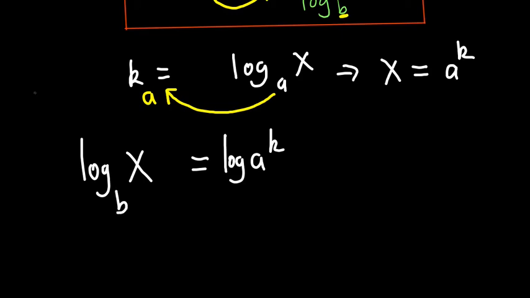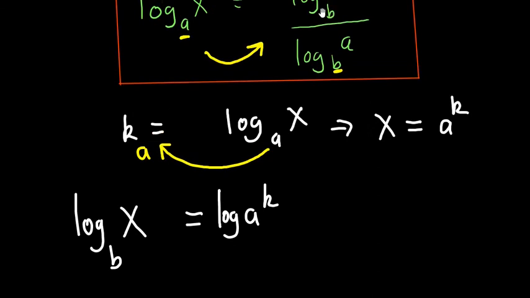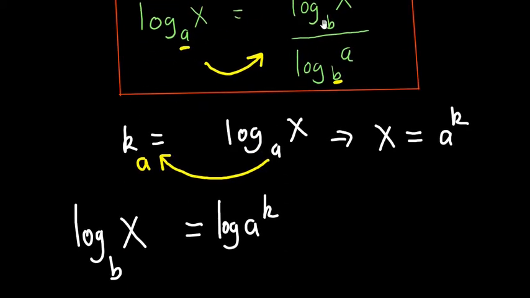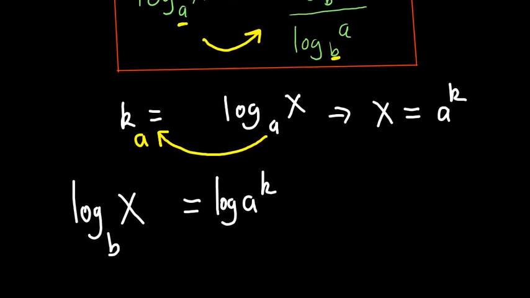Since in this equation we had base b, we have to introduce a log with that same base for us to arrive at this answer. If your log was base c, you have to introduce logs with base c. If it was z, then you have to introduce logs with base z. So base b, this is all in brackets.